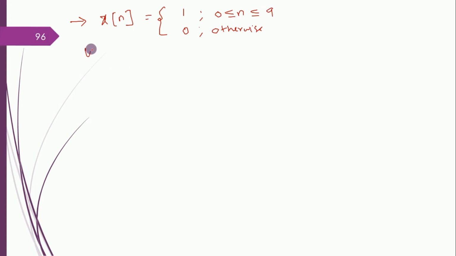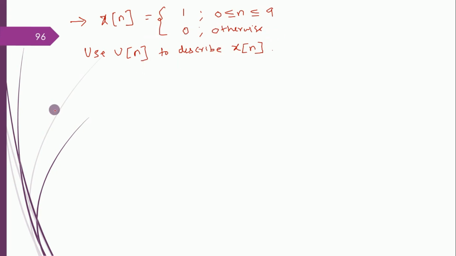Use u of n, the unit step function, to describe x of n. Did you get my question? You have to use u of n or a variation of u of n to describe x of n, so generate this signal by considering u of n.